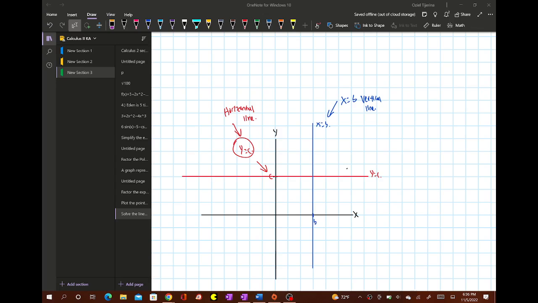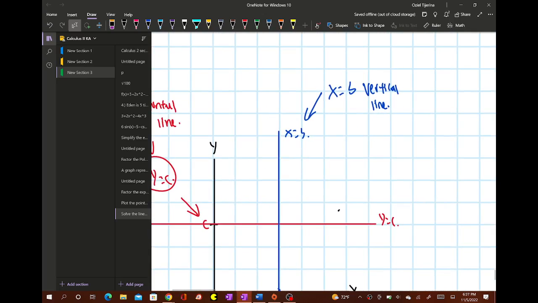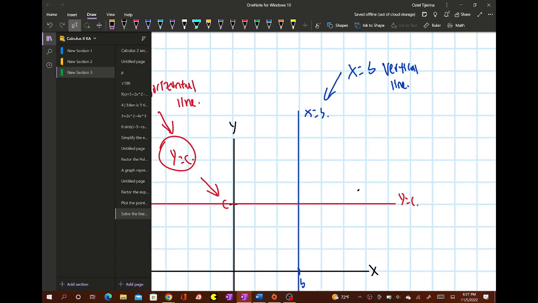When they ask for slope, we have to know that when it's of the form x equals b, the slope is undefined, because it's rising, but it's not running.